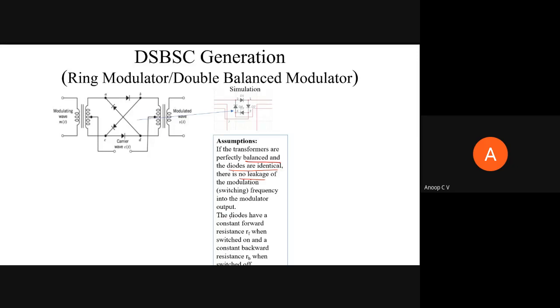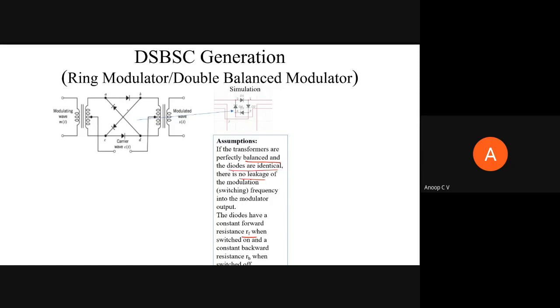And what we are assuming is that the diode is piecewise linear, right? So the diodes have a constant forward resistance RF when switched on. When the diode is on, that is, the potential at the P side is greater than the potential at the N side, it will act like a resistor of RF.